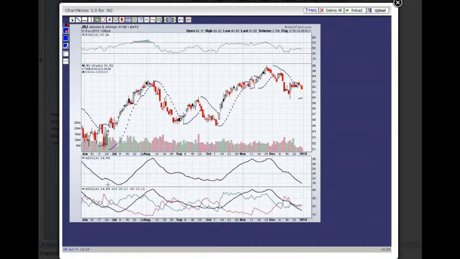And the concept here is very simple. You buy when the green line goes above the red. You sell when the green line goes below the red. When the positive directional index goes above the negative directional index, you buy it. When the positive directional index moves below the negative directional index, you sell.